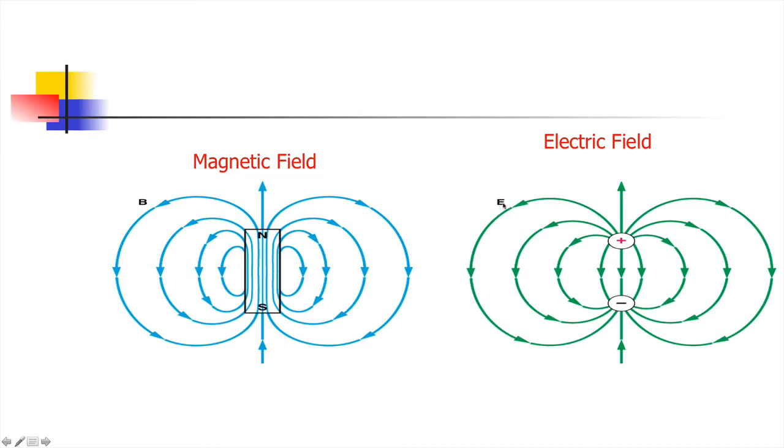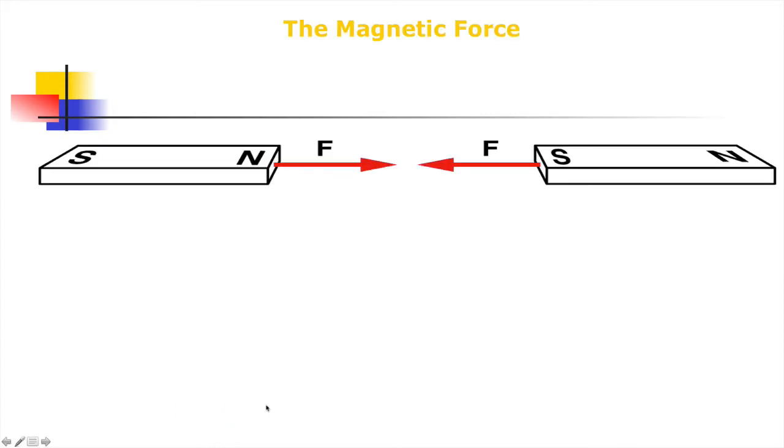Please watch the previous video and you will see E as the electric field representation. On the other hand, magnetic field is represented by uppercase B, pretty much throughout the material. So as we already said, the direction of the field runs from positive to negative for electric field, whereas for magnets it runs from the north pole to the south pole.